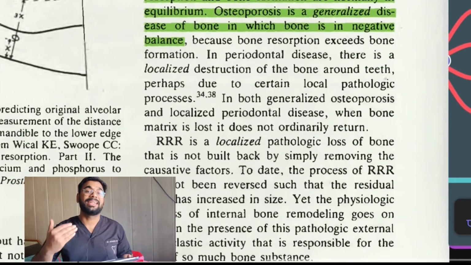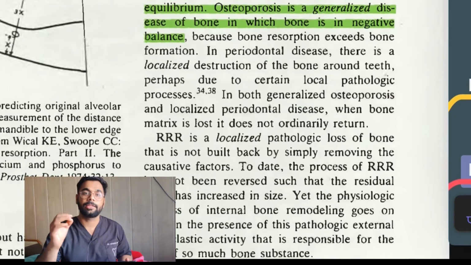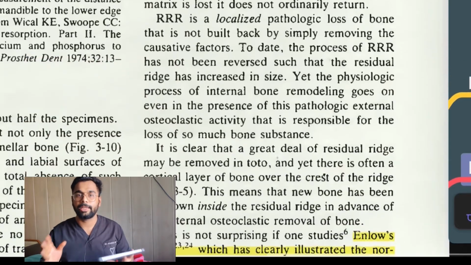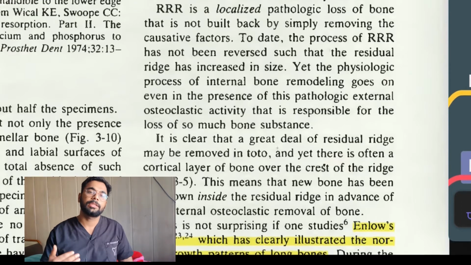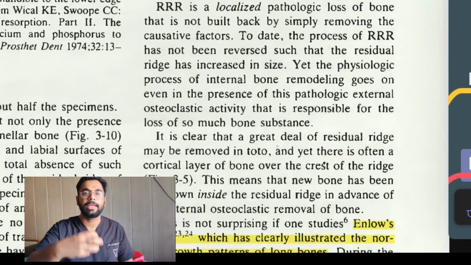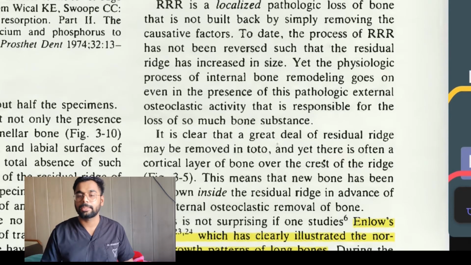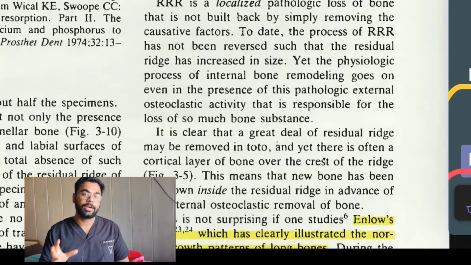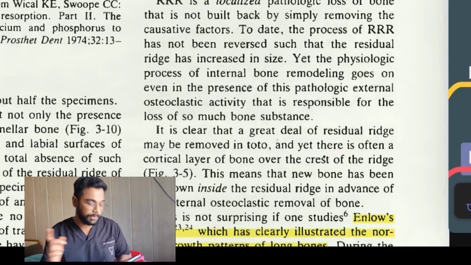The bone destruction or the bone resorption is increasing and the bone growth is reducing or decreased basically. So as you extract your teeth, your osteoclastic activity will increase and your osteoblast activity will be reduced. So that is what I am trying to say, and that is what Dr. Winkler is trying to say in simple words.